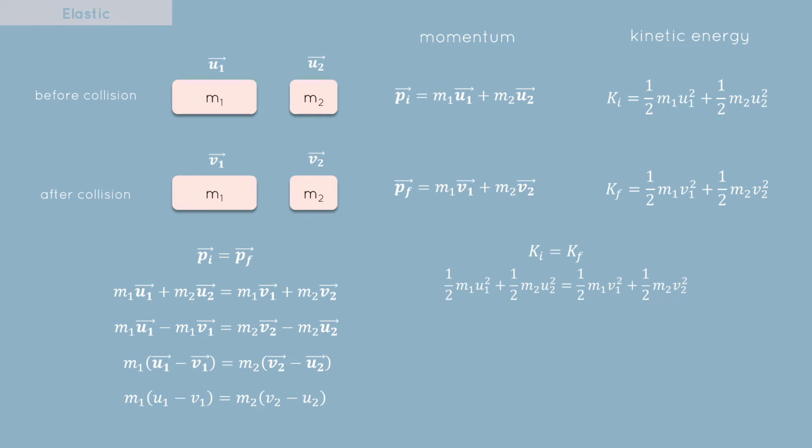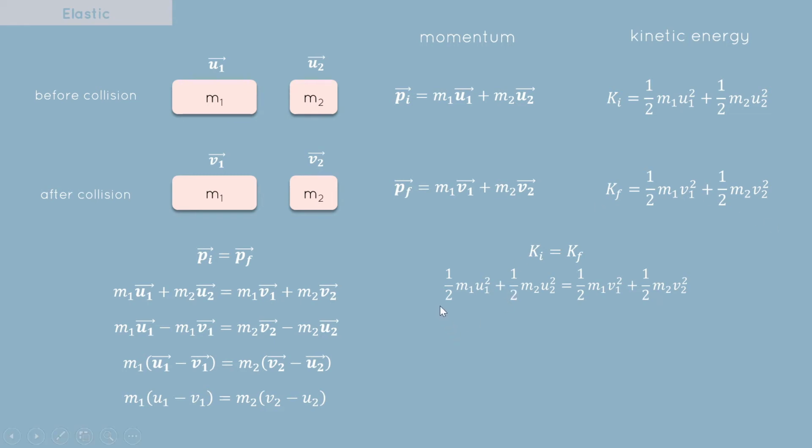We know that for an elastic collision, kinetic energy is conserved. So we can equate the kinetic energy before the collision to the kinetic energy after the collision. So we will get this expression.